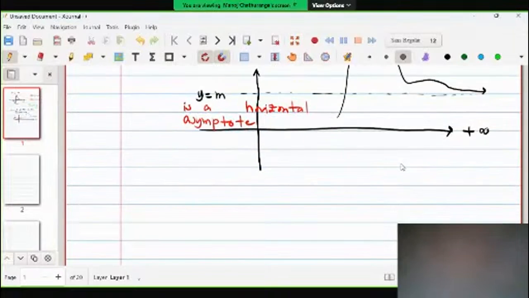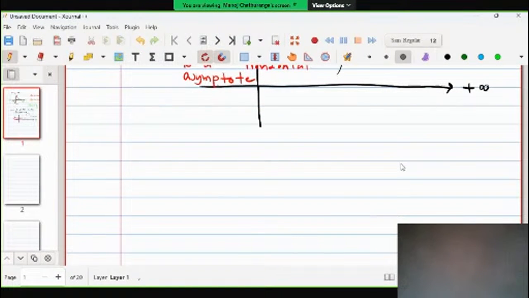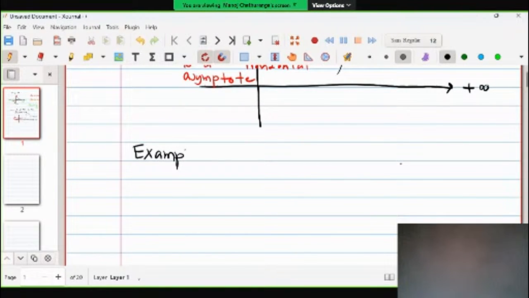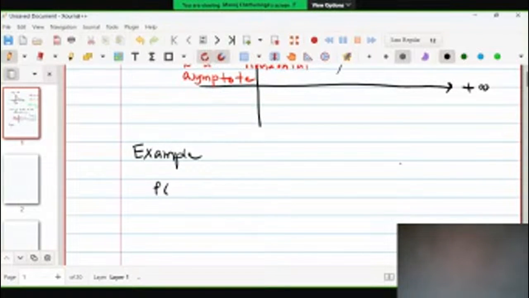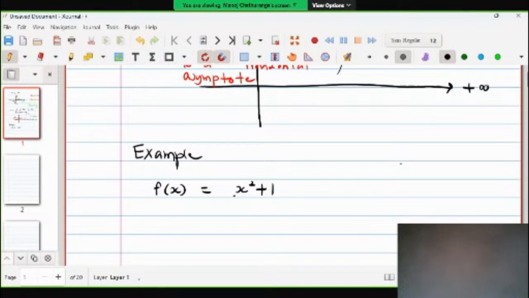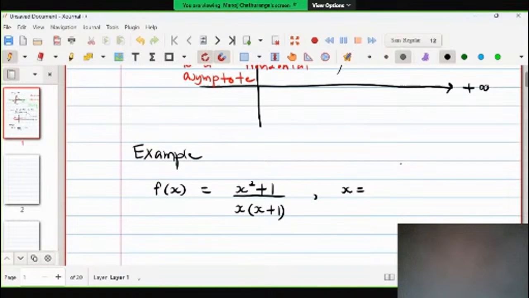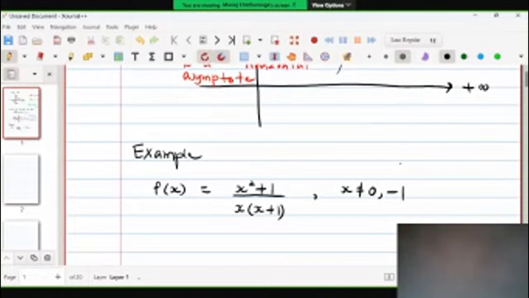You can observe this especially for rational functions. So think of the function f of x equals x squared plus 1 divided by x times x plus 1. Here both x equals 0 and minus 1 are not in the domain.